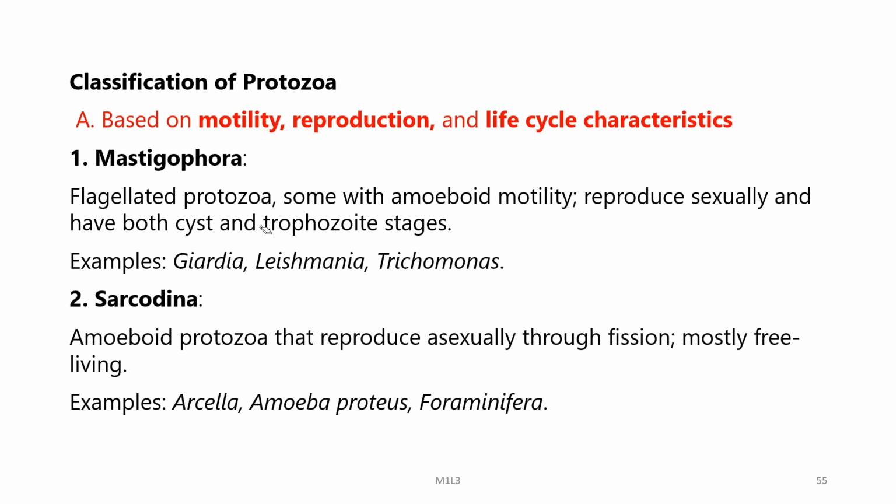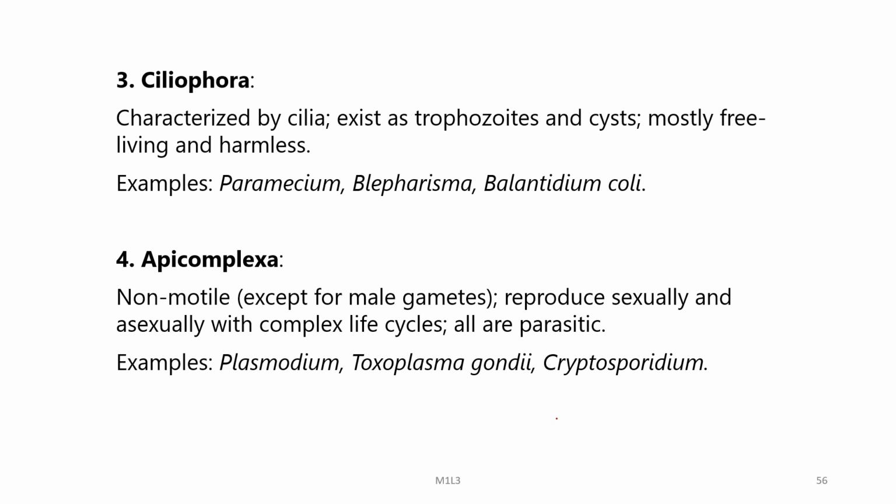Then we have Sarcodina. These are amoeboid protozoa that reproduce asexually through fission, mostly free living, and their examples include Arcella, Amoeba proteus and Foraminifera. Then we have Ciliophora, which is characterized by cilia, exists as trophozoites and cysts, and is mostly free living and harmless.